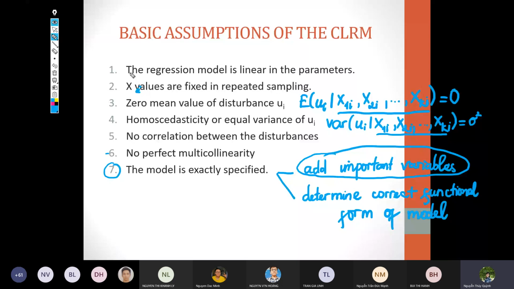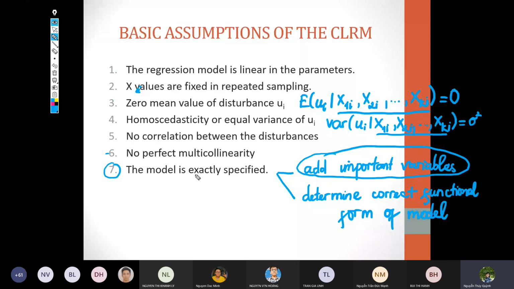Because when we cannot add important independent variables into the model to explain the dependent variable, the model is not correctly specified, and then one of the assumptions of the classical linear regression model is violated, and the OLS estimators will no longer be the best estimators of the unknown parameters.